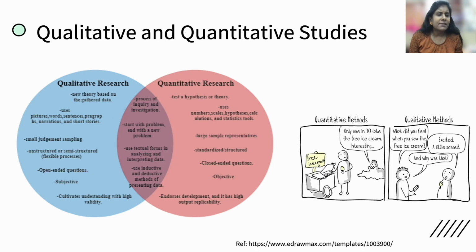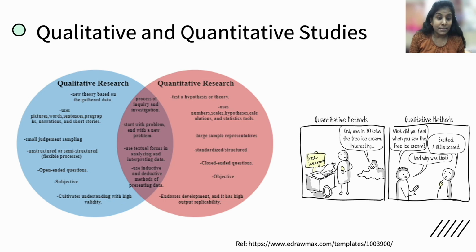For example, if you do a survey and ask questions, you might present it in paragraphs of what was said by each individual. In terms of sampling, it probably doesn't need much of a sample size, and it has more open-ended questions, hence more subjective. It's not a yes or no, or high and low, and so forth.